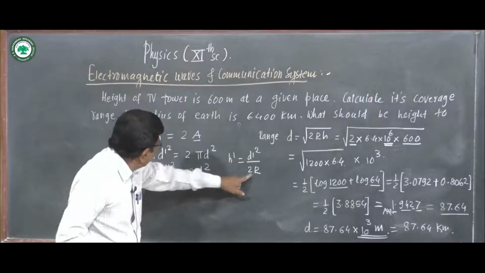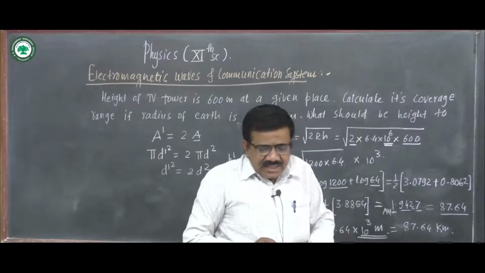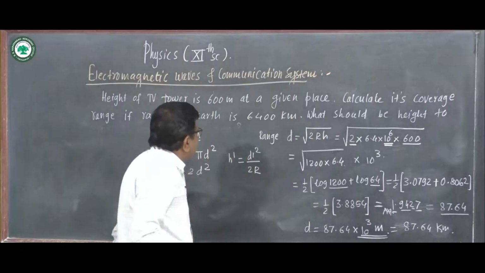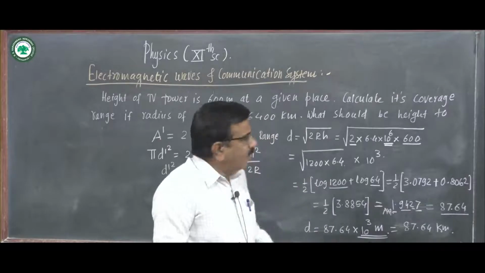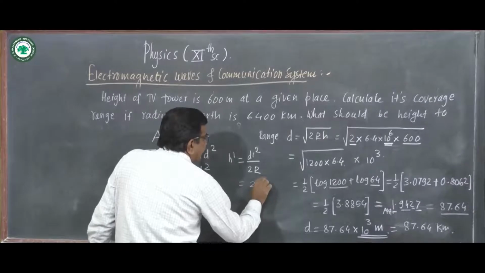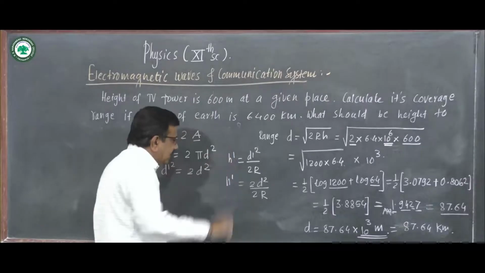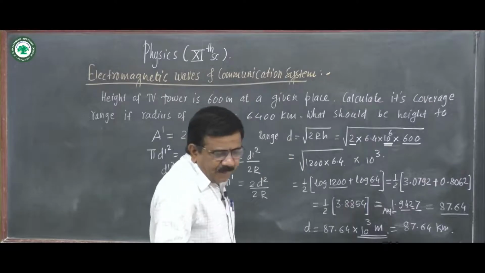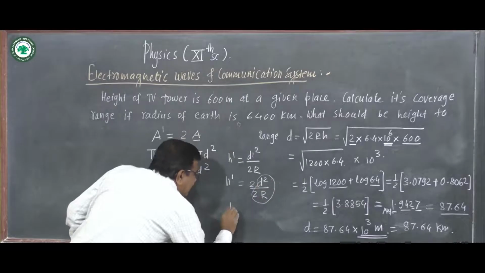D dash square is 2r h dash. So h dash is d dash square upon 2r, but d dash square is 2d square. So 2d square divided by 2r. This is h dash. H dash is 2d square upon 2r, but d square upon 2r is h. H dash is 2h.